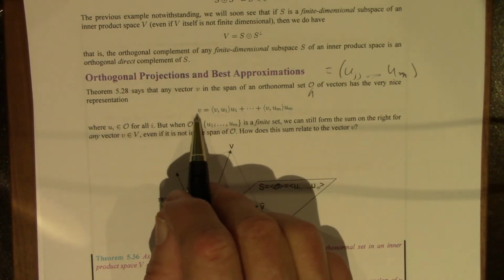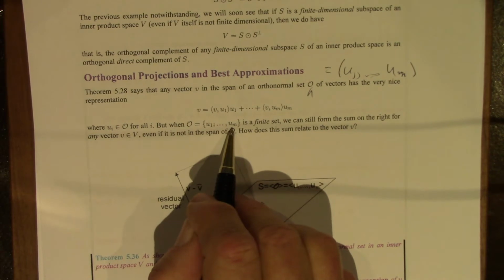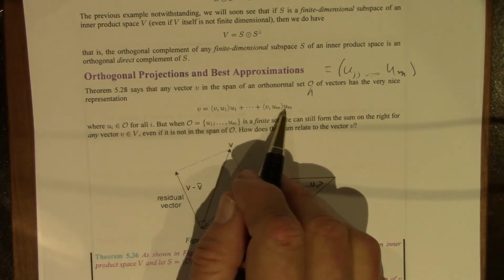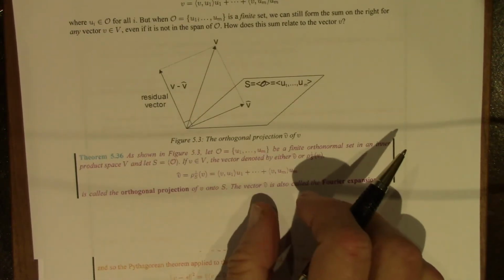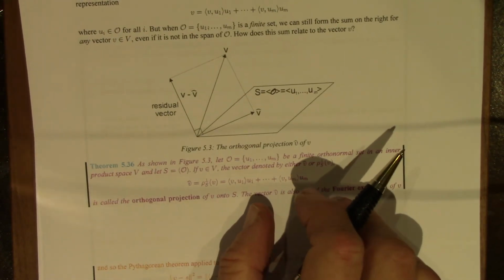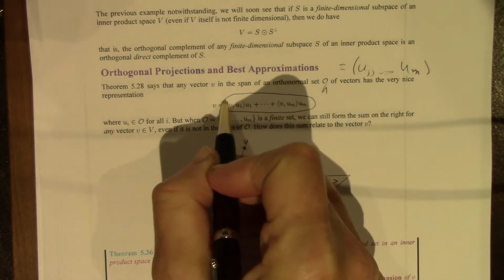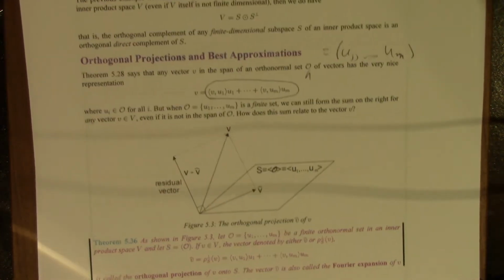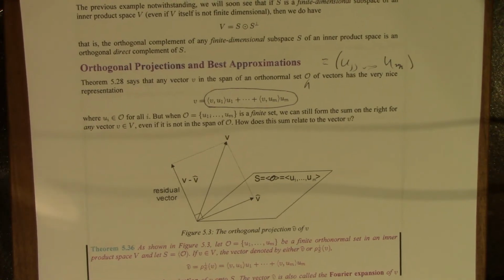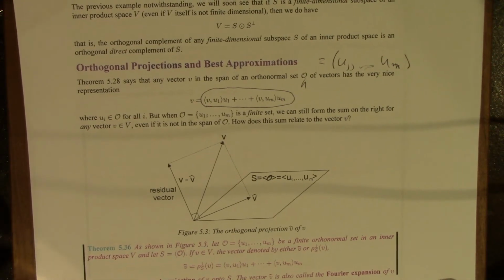It will not equal V unless V is in the span, but it's still a vector in the inner product space. The question is, how does this vector relate to V when V is not in the span of O?